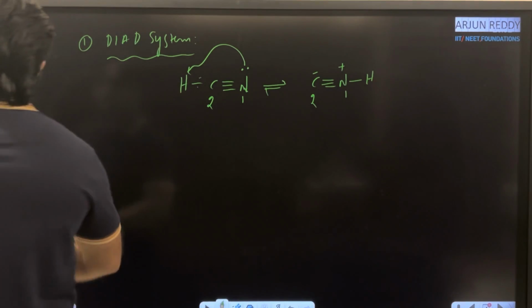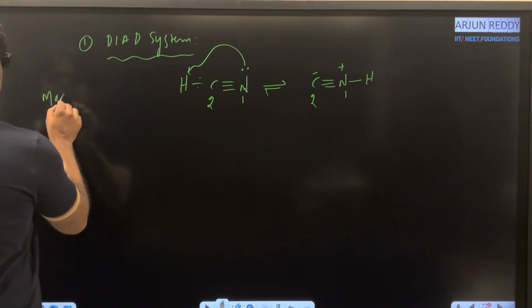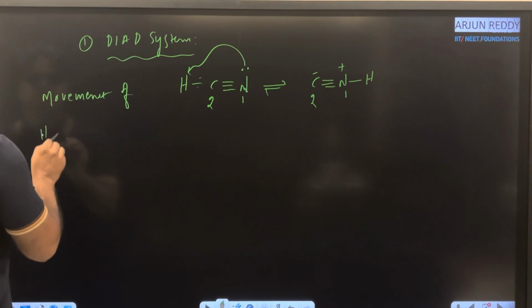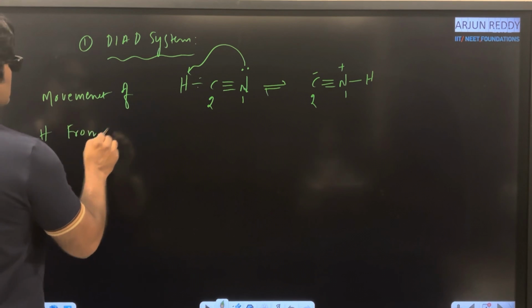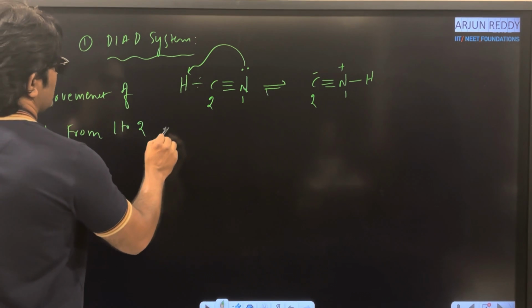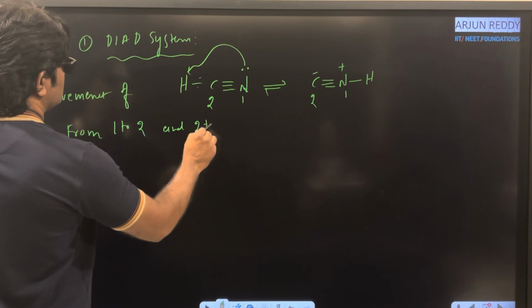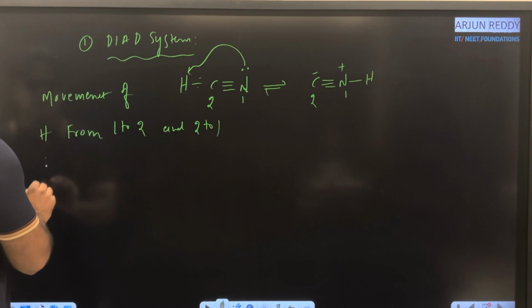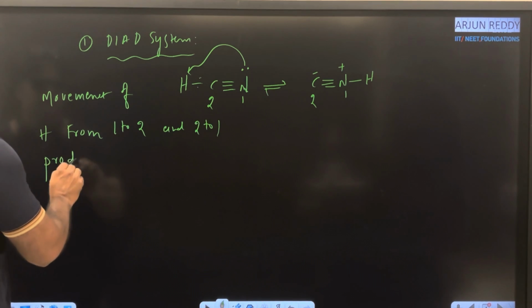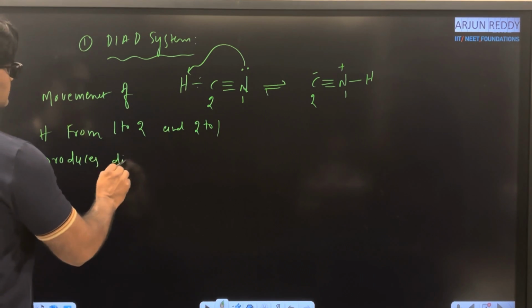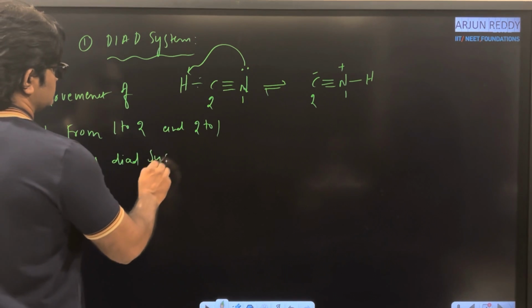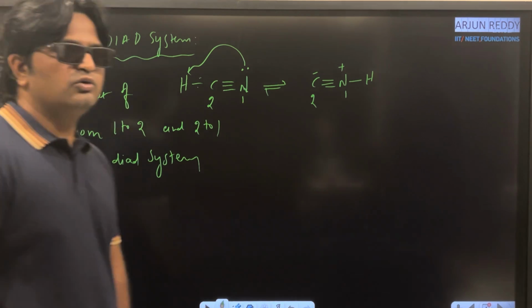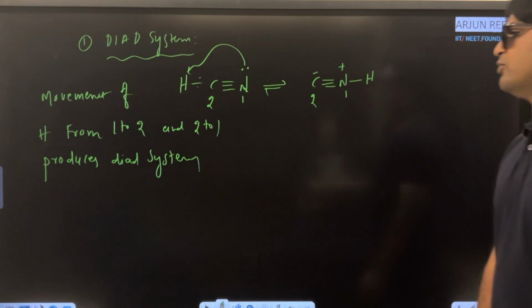You can write the same point: movement of hydrogen from 1 to 2 and 2 to 1 produces diode system.